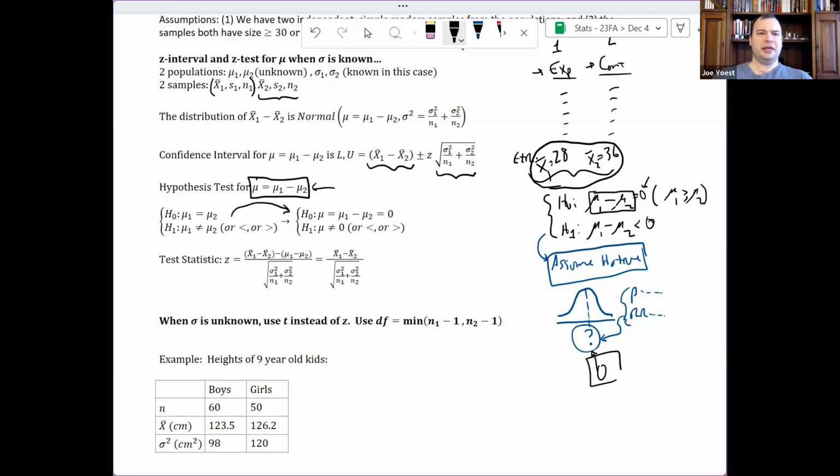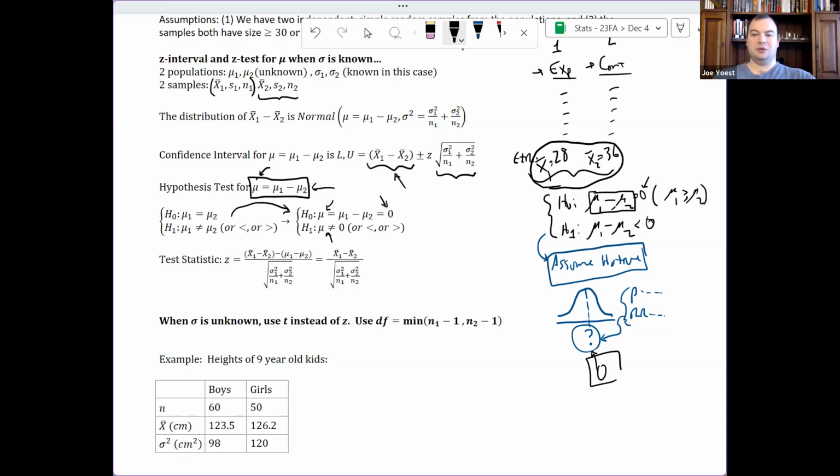And I basically have the same setup that I had back when I was just testing for one mean when sigma was known. This is essentially the same setup, right? I have a mean that I'm interested in knowing whether it's 0 or maybe not 0 or less than 0, bigger than 0. I have a point estimate for that mean.